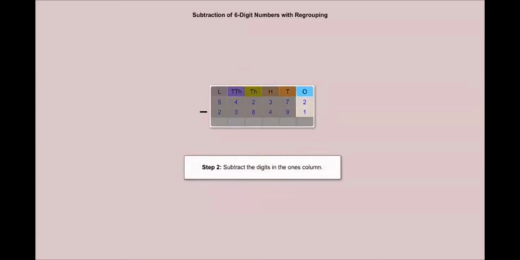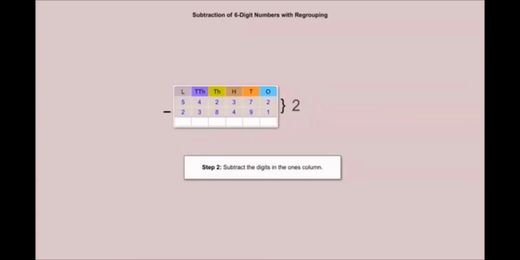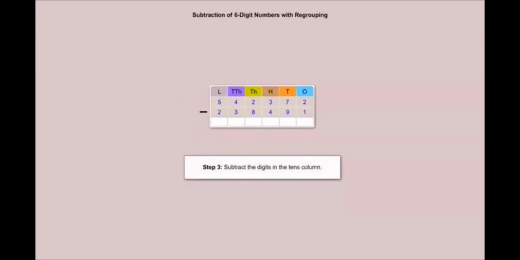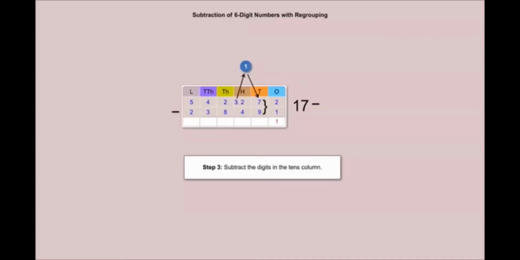So in the second step, we have to subtract the digits in the ones column. So 2 minus 1 is equals to 1. Then the next is 7 minus 9. That is not possible. So we have to borrow from 3 and we have to make it as 17. So 17 minus 9 will be, yes, it will be 8.